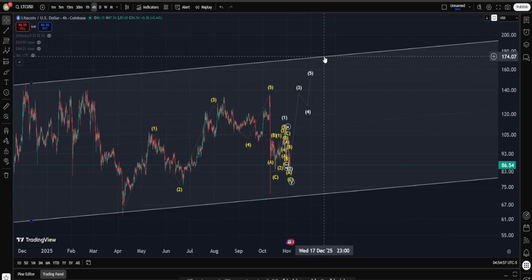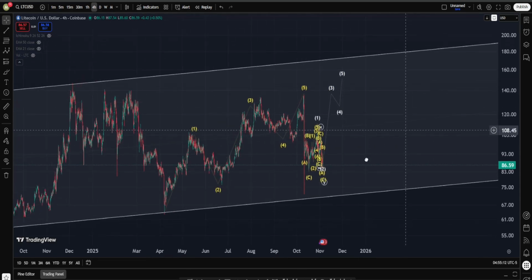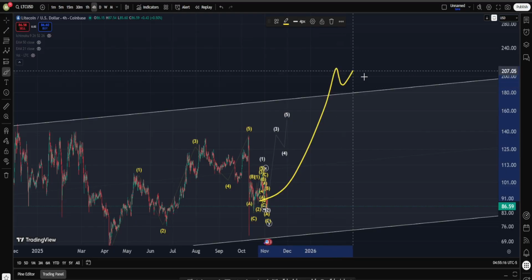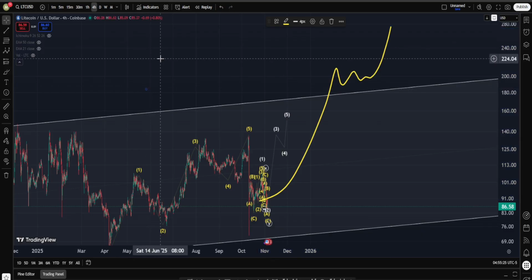But a better target can be, again, around the higher band of this channel, which is going to be about $175. And that means at that point, I'm having a risk to reward ratio of about 1 to 4, which is really, really nice. Ultimately, if we want to, at some point, hopefully soon, get a breakout of this ascending channel, do a pullback, and then get a continuation of the move up, well, in that case, maybe the target for LTC is going to be setting an all-time high, which I think was somewhere around $410.